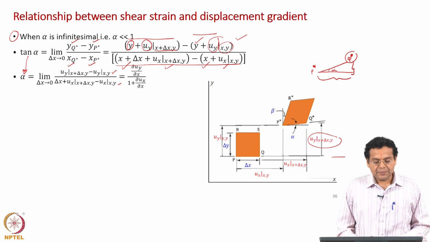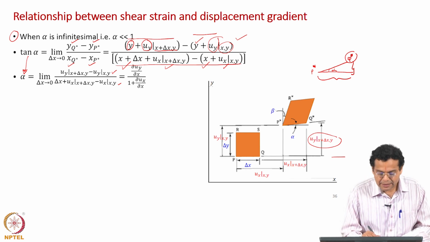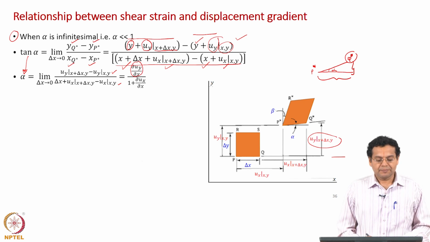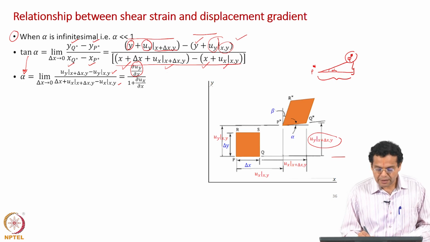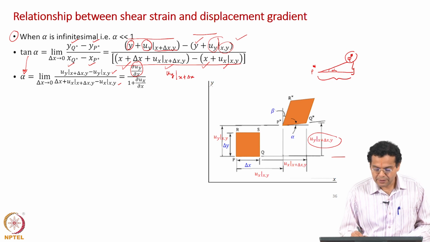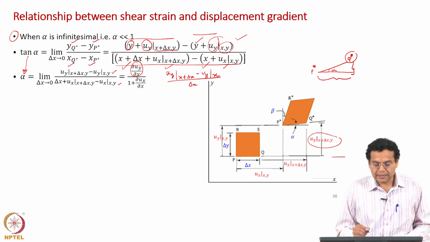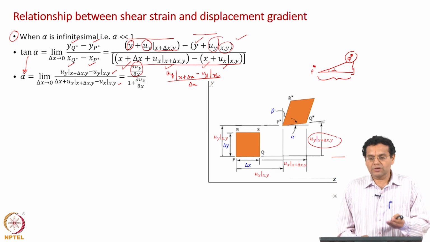Look at the numerator, it is u y at x plus delta x minus u y at x, and when you divide by delta x and take the limit delta x tending to 0, you will get dou u y by dou x. You are dividing the numerator and denominator by delta x.